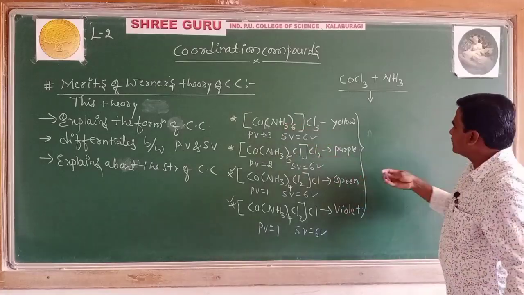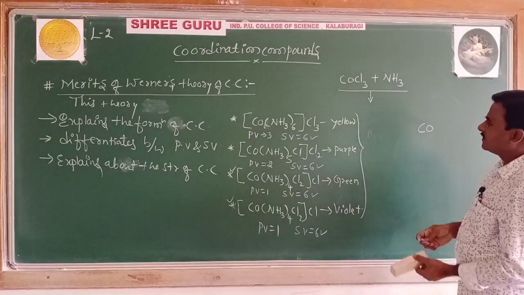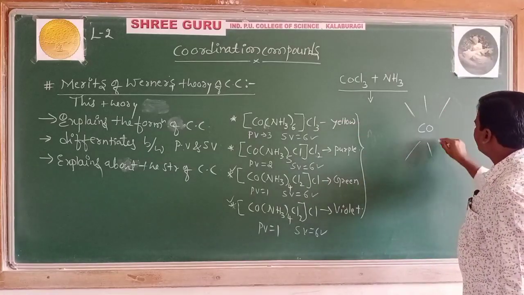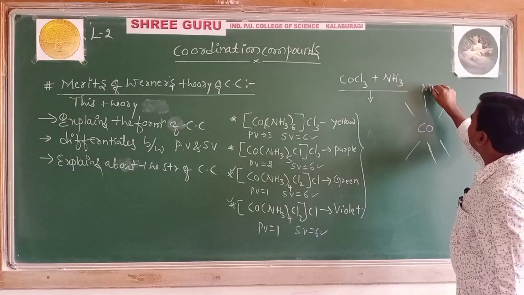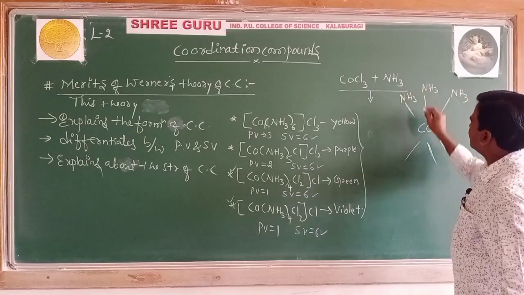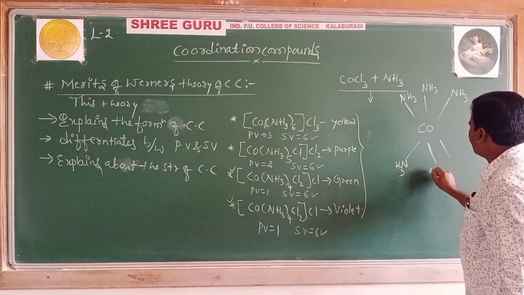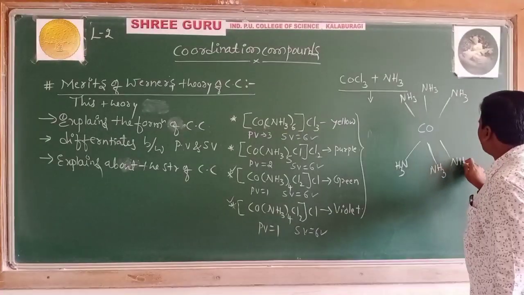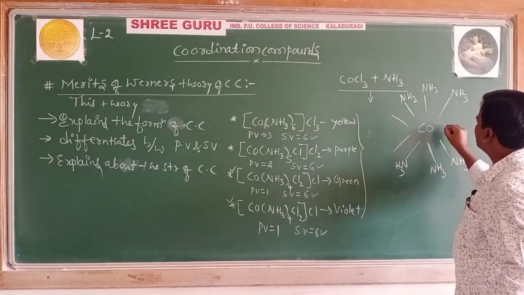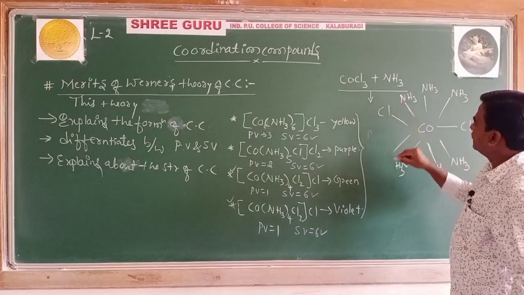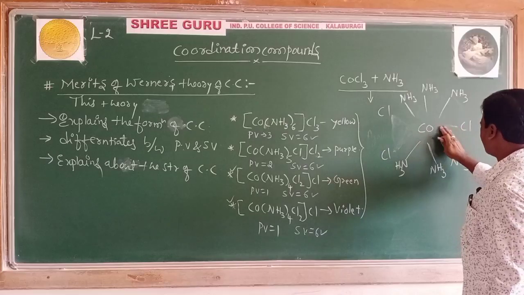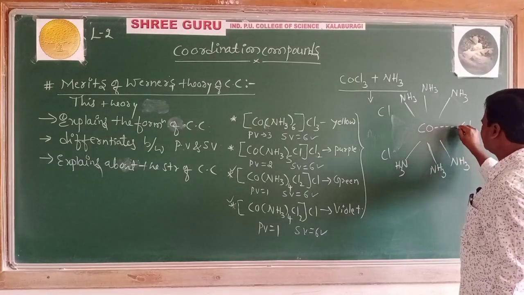In complex 1, cobalt is the central metal ion surrounded by 6 ammonia molecules: NH3, NH3, NH3, NH3, NH3, NH3, and 3 chloride ions, Cl, Cl, Cl. The primary valencies are denoted by dotted lines.